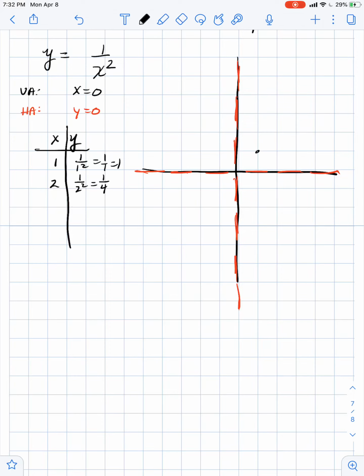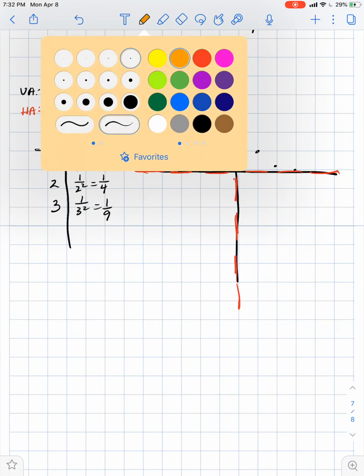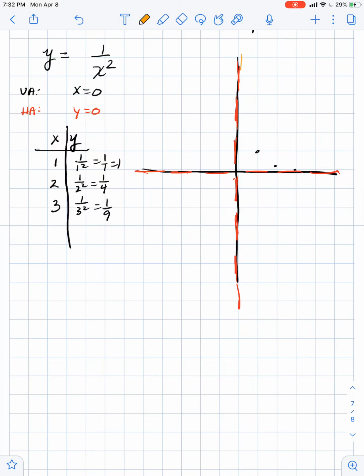So at 2, I'm down to 1/4 already. If I put in 3, I'm at 1 over 3 squared, which is already 1/9. So I'm already jumping down a lot faster, right? So when I go to do my graph, it is going to go down a lot faster than what it did before.